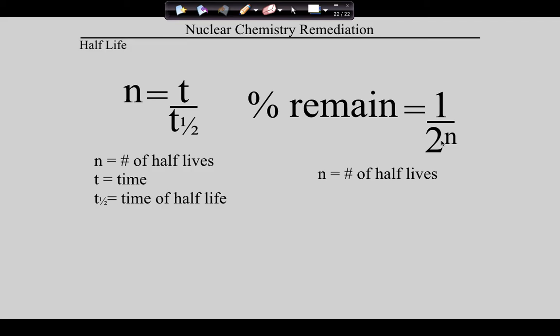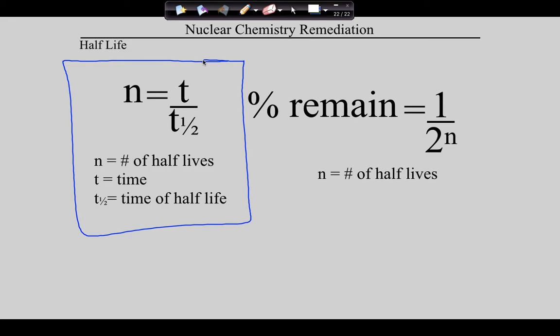So as we look at this mathematically, the equation on the left allows us to figure out how many half-lives a substance goes through in a given amount of time. So say, for example, we have a substance and its half-life is 10 years. So a half-life for this substance is 10 years.